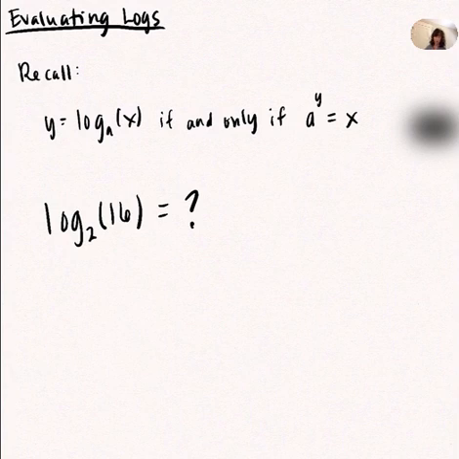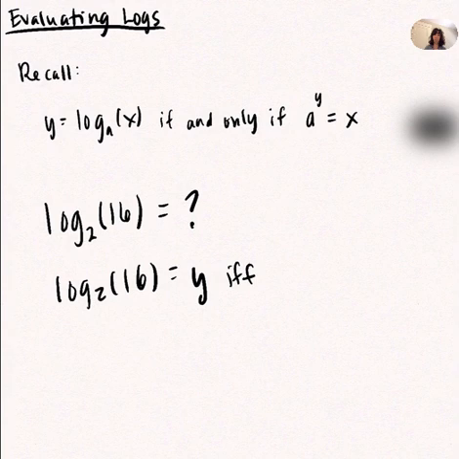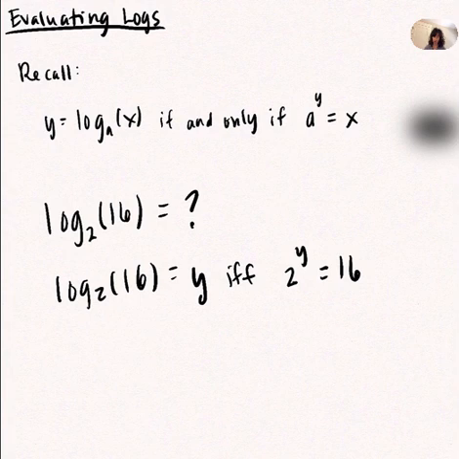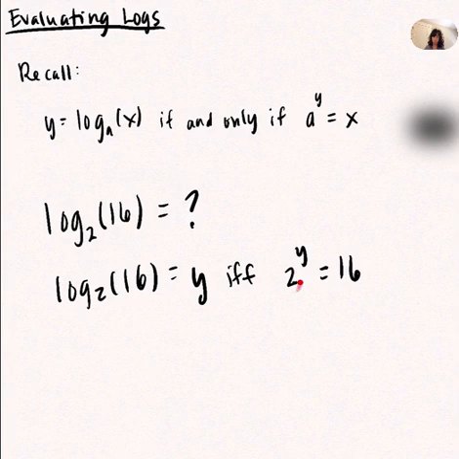Well, log base 2 of 16 equals some y value if and only if 2 to the y is equal to 16. In other words, what we're really trying to do is figure out what y would you raise 2 to in order to get 16. So 2 to the what is equal to 16.